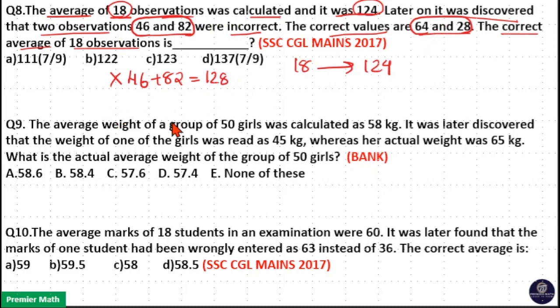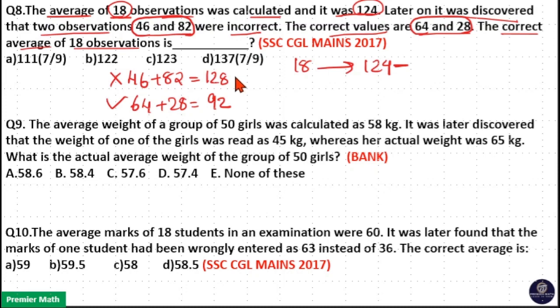Now the correct values are 64 and 28. Take the sum of it, which is equal to 92. Now you can see, when they calculated the average with 128, the average is 124. So when you calculate the average with 92, the average will decrease. So you should subtract a certain number from it.